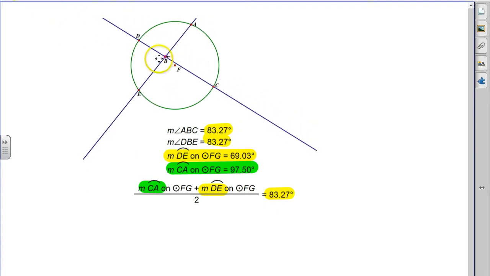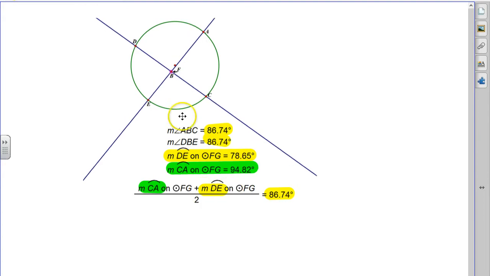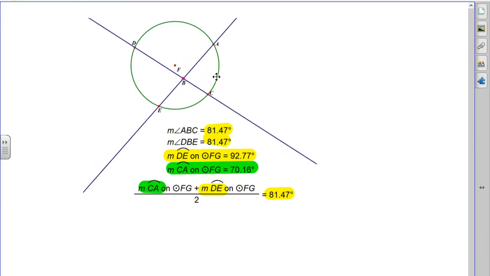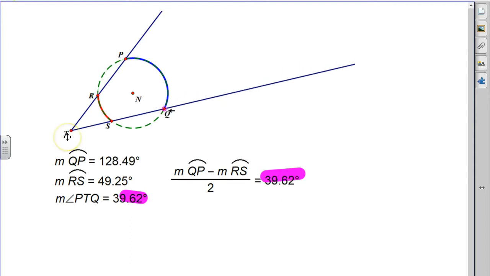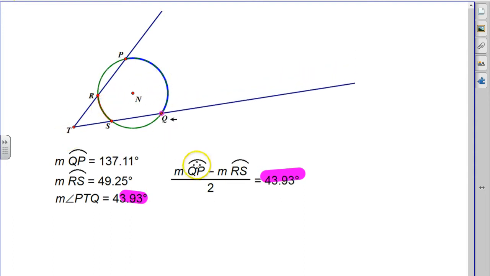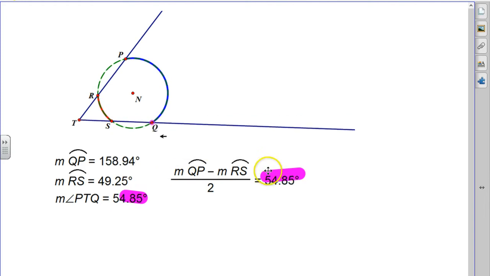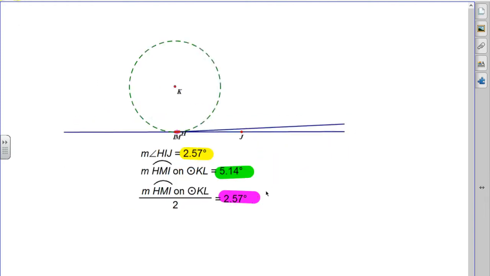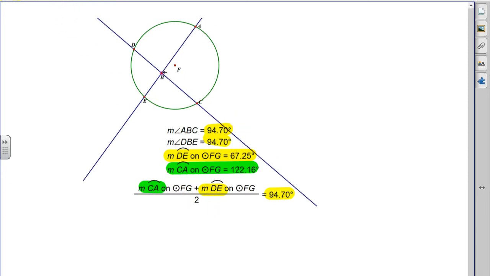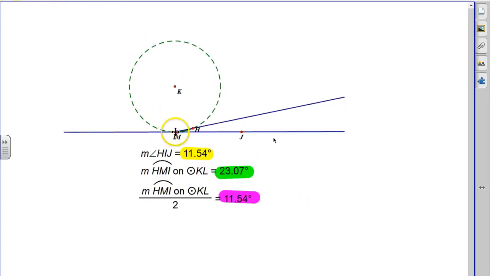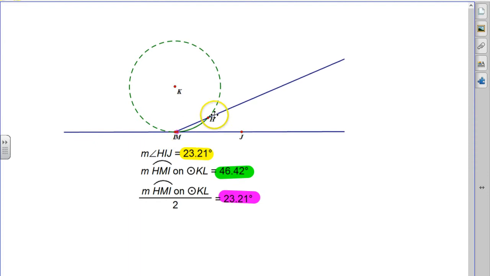If it's inside, like for this first one, it's half the sum of the two arcs. If it's outside, it's half the difference of the two arcs, so the difference divided by 2. And if your vertex is just on the circle, you're just half the arc, just like an inscribed angle.